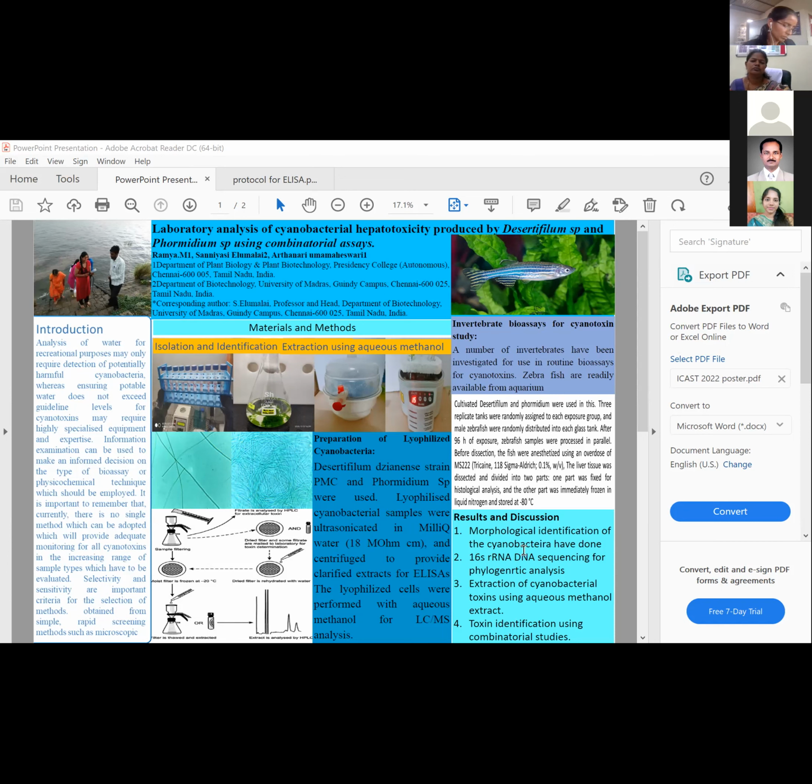The results so far: morphological identification, 16S rRNA sequencing and phylogenetic analysis are done, and one sequence is submitted to NCBI. Extraction of the cyanobacteria using aqueous methanol is done, and the toxin assays using LCMS, the ADDA-specific ELISA kit and the cell line are in progress.